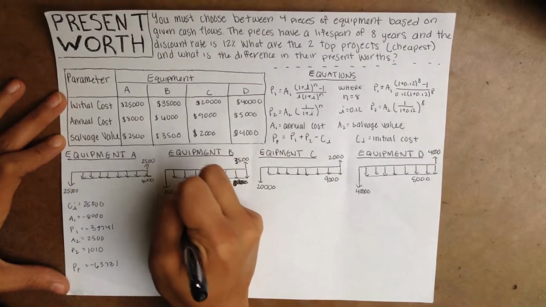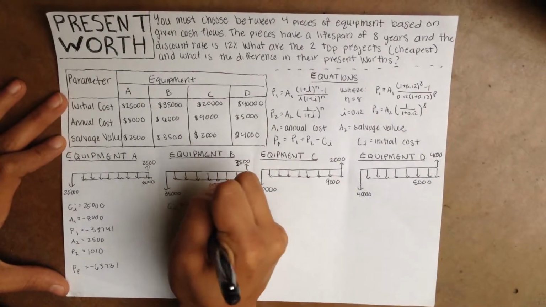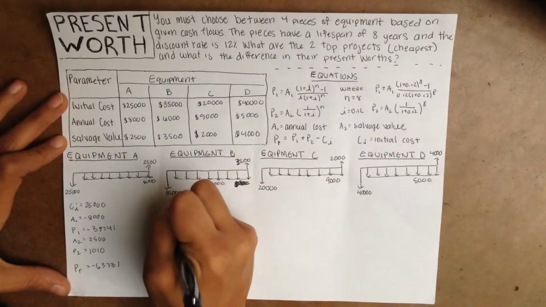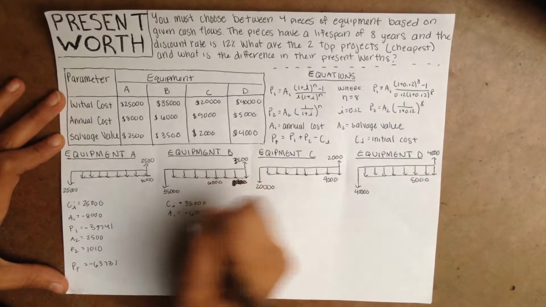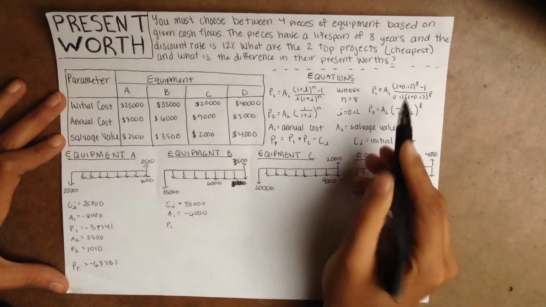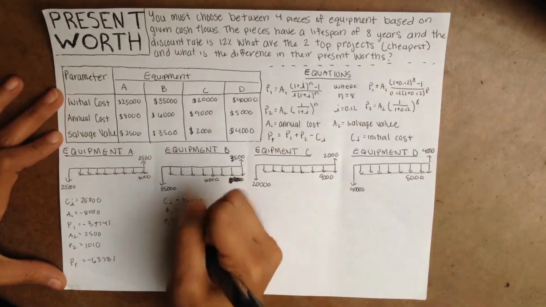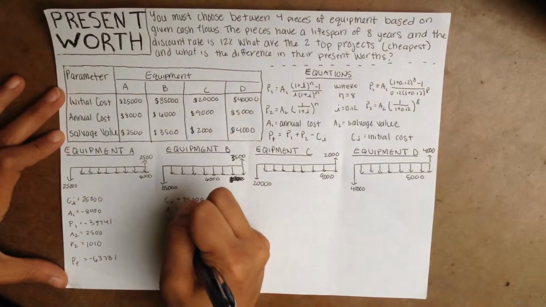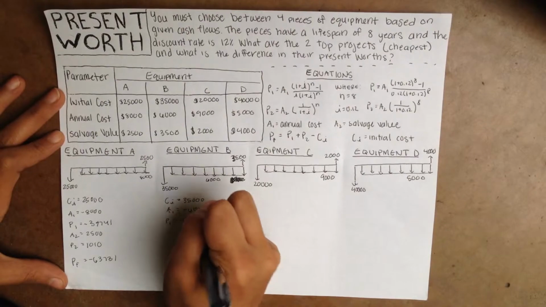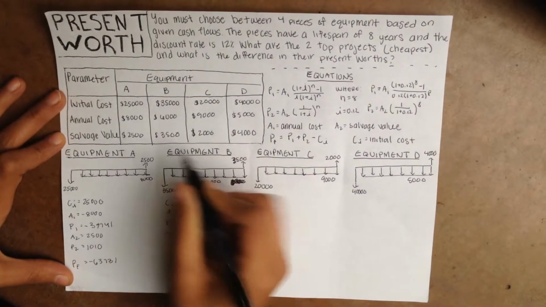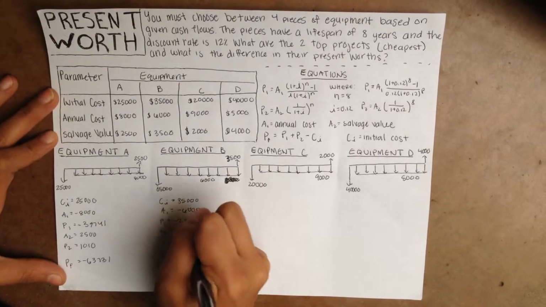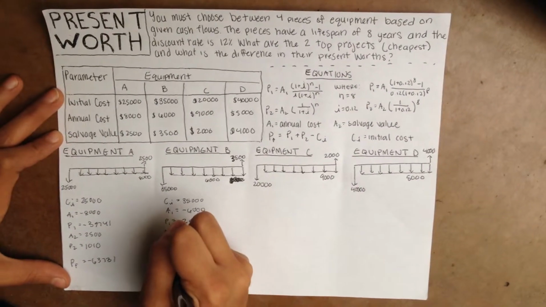For equipment B, we have an initial cost of $35,000. A1, which is our annual cost, equals negative $6,000. By plugging that into this equation, we get P1 equal to negative $29,806. Our salvage value is $3,500, positive because we're selling it again.